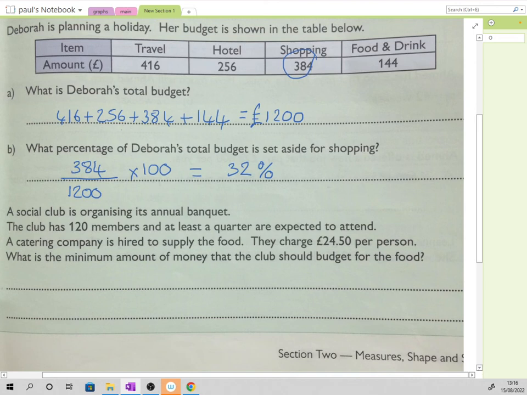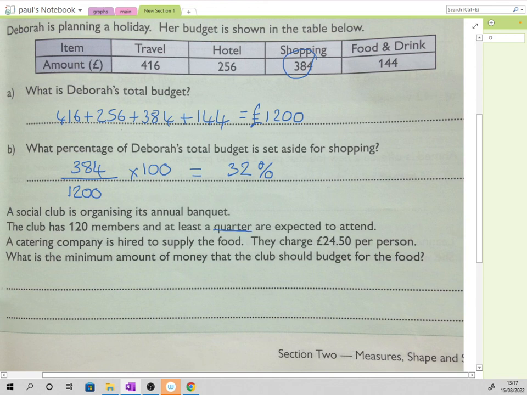Right. Second question. A social club is organising its annual budget, banquet even. The club has 120 members and at least a quarter are expected to attend. A catering company is hired to supply the food and they charge £24.50 per person. What's the minimum amount of money that the club should budget for the food?